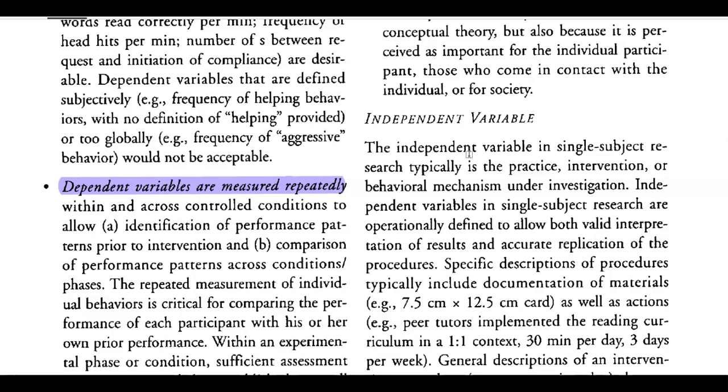The independent variable in single case research typically is the practice, the intervention, whatever is under investigation. So we want to be able to accurately replicate those procedures, so it needs to be described with great detail.